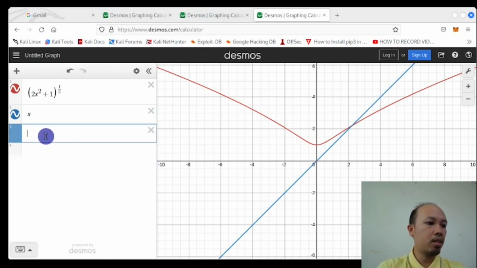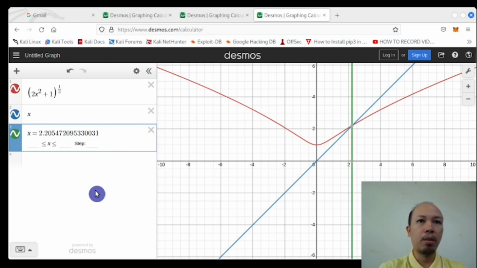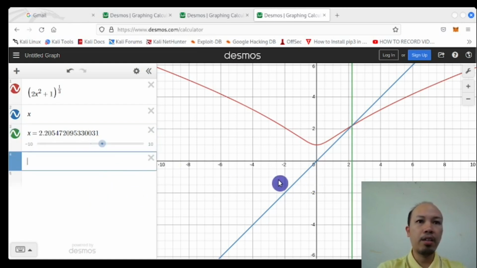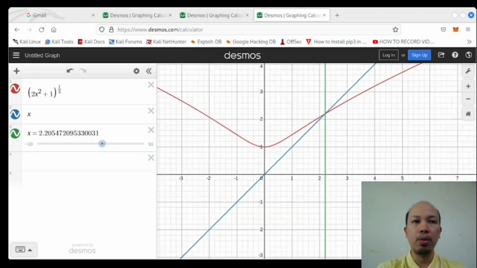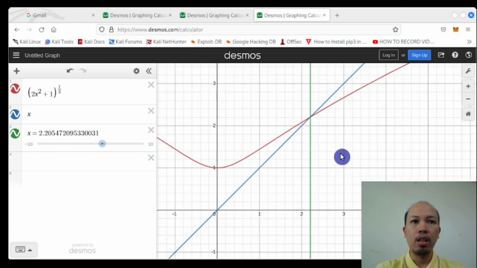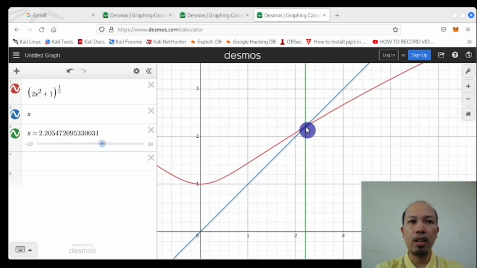And then notice that our answer is 2.2 something. And clearly in the graph, if we want to zoom in, zoom out, the fixed point is this one.